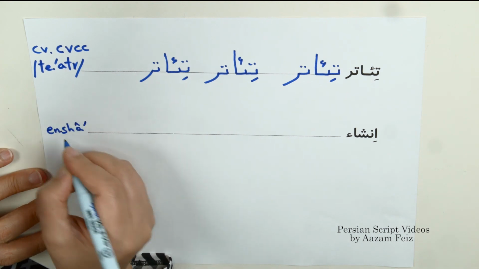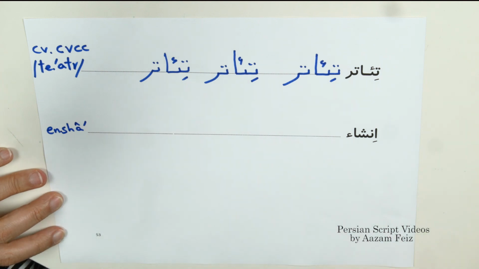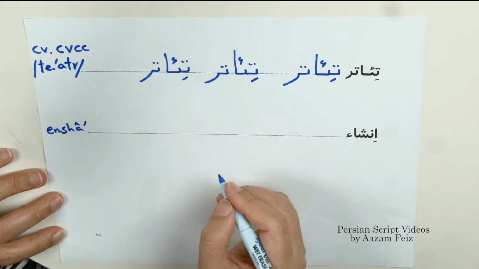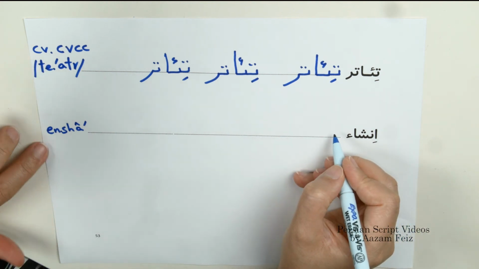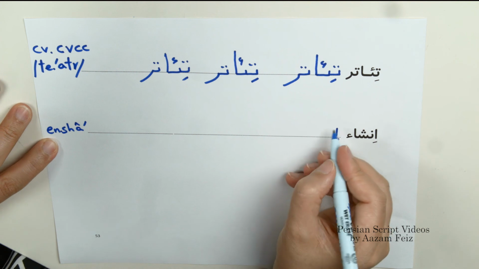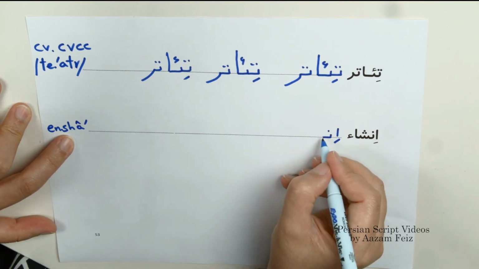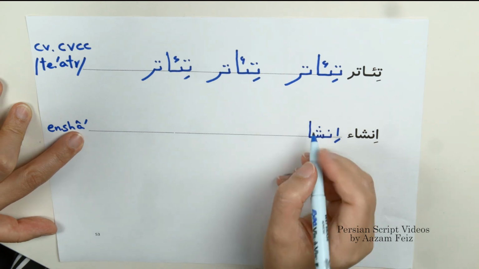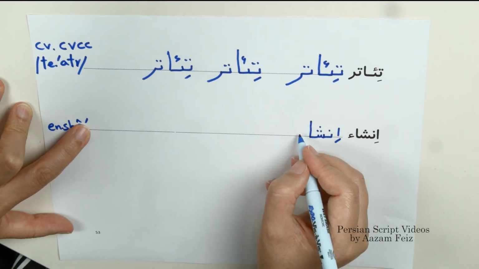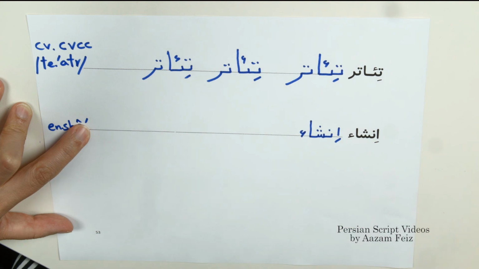Insha means composition. People may say insha or insha, just a pause at the end. So I have a, n, sh, a, and then for hamzeh at the end I have this sign.